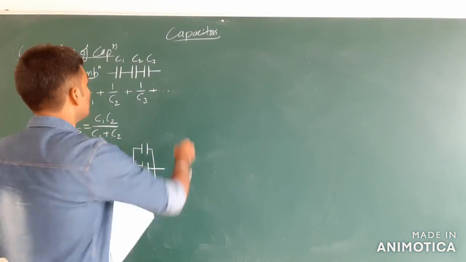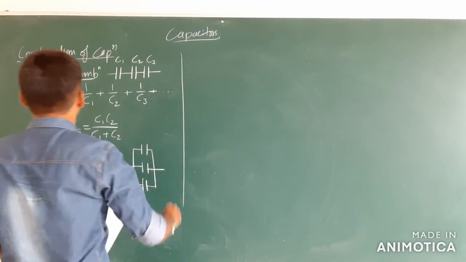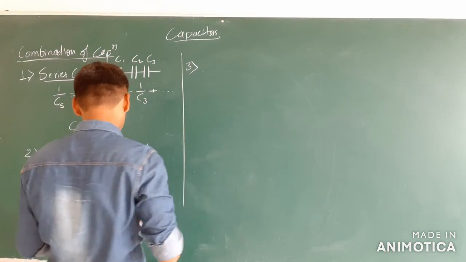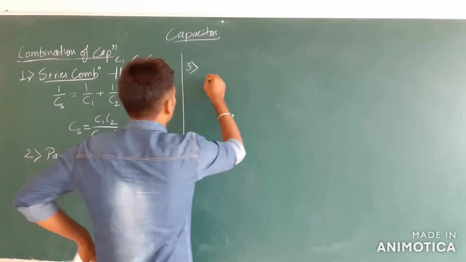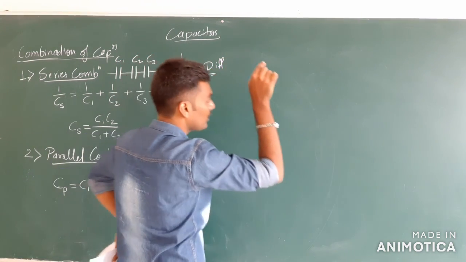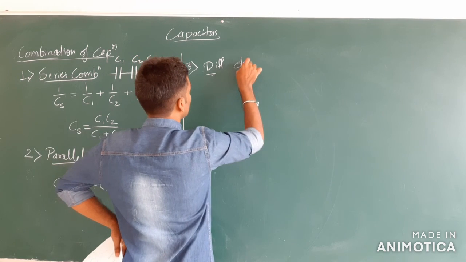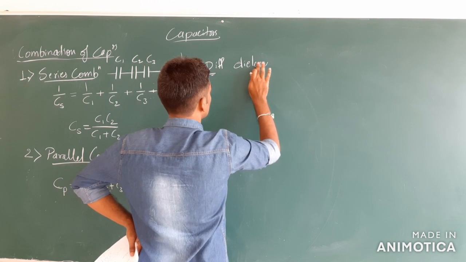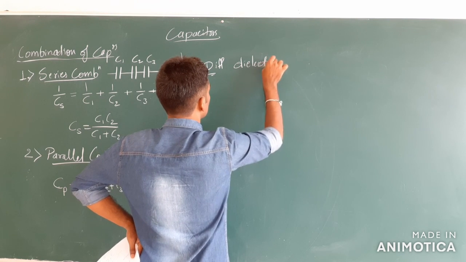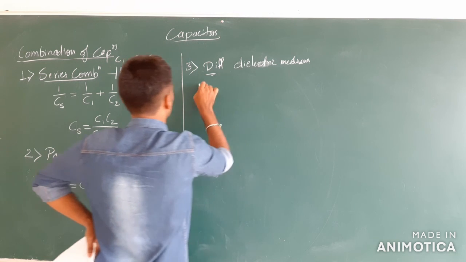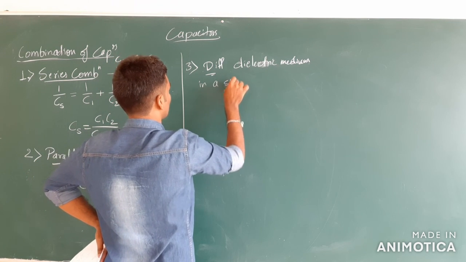Now, the first kind of complex combination is different dielectric mediums in a single capacitor.